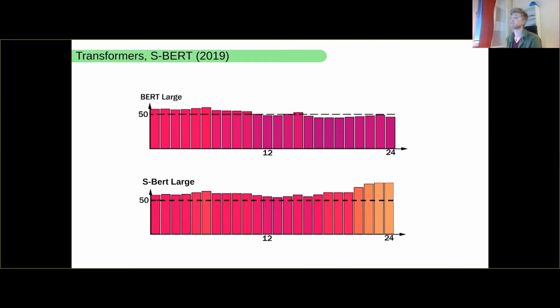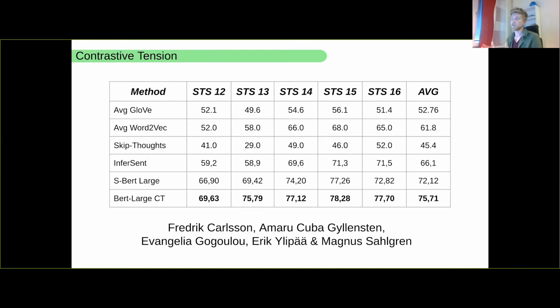We see very little change in the earlier layers and the middle layers. And of course, since we are applying the training objective to the final layers of the model, this is somewhat to be expected.